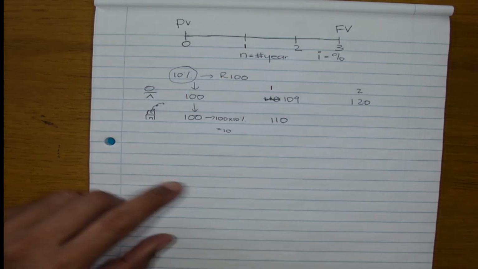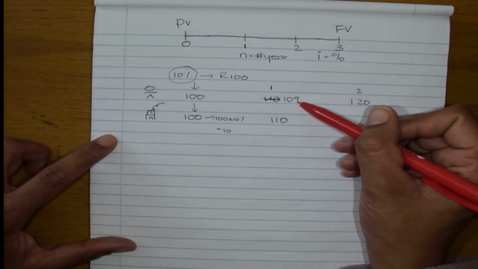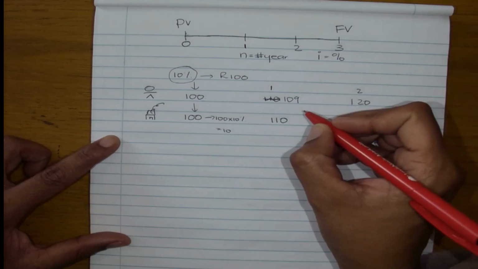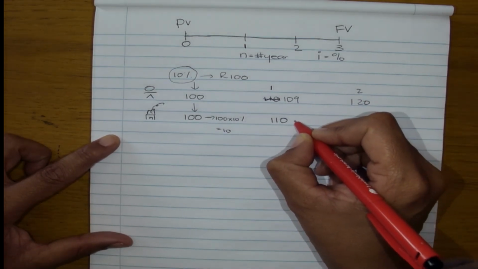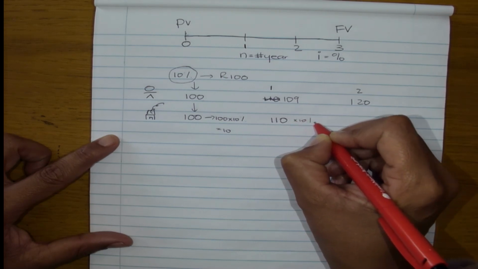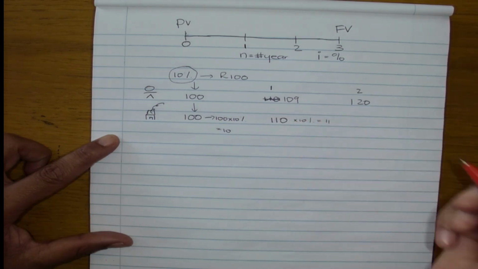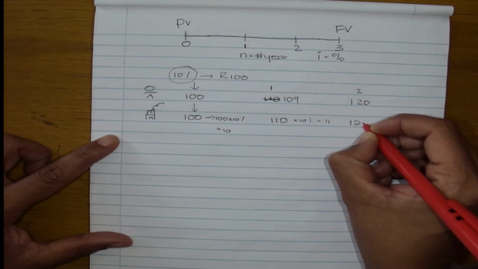Your friend would have only given you 109 Rand back. Then, plus another 10%, multiplied by 10%, this will give you 11. So your 110 plus 11 Rand gives you 121 Rand.